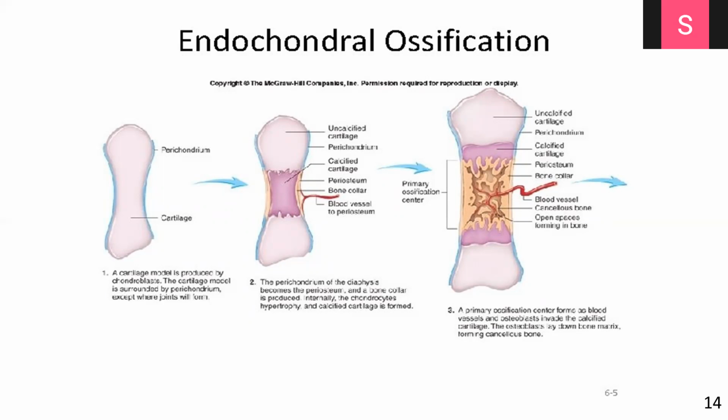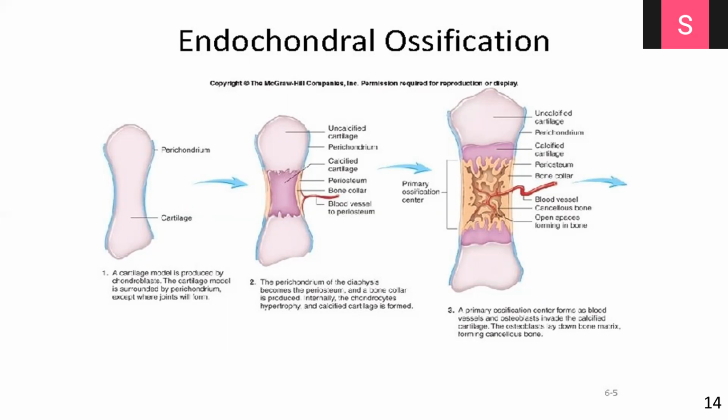At the same time, the cartilage in the center of the diaphysis begins to disintegrate. Osteoblasts penetrate the disintegrated cartilage and replace it with spongy bone. This forms a primary ossification center.